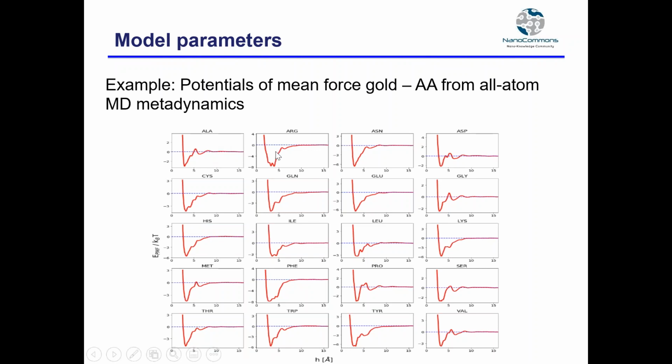So you see, depending on the type of amino acid, they may prefer to have a water layer between themselves and the surface. Some of them show really strong attraction, and some of them show a barrier in between. But also the depth varies depending on the size and the shape of the amino acid.